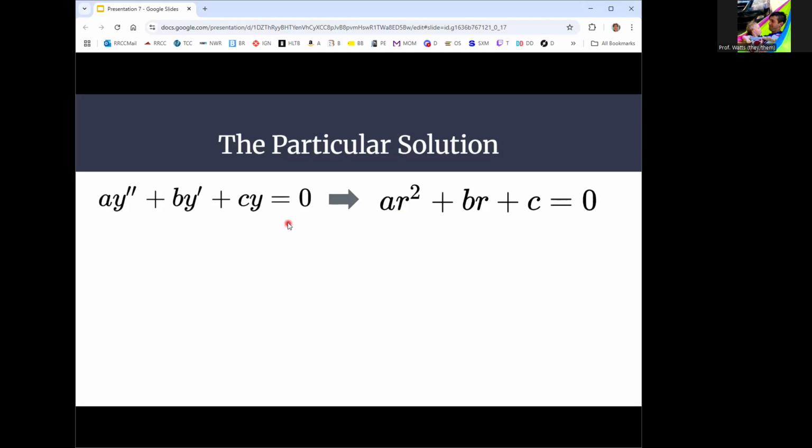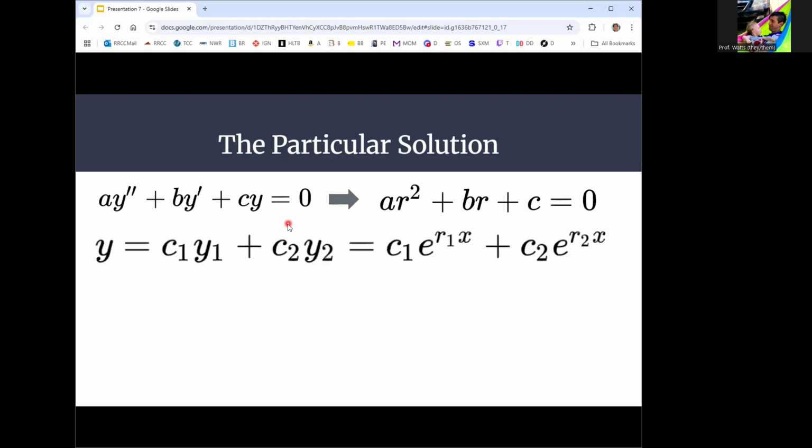Solving that quadratic equation allows us to find the general solution, where if we get two real solutions, R1 and R2, then our two solutions were e to the R1x and e to the R2x. And then we had our two unknown constants, C1 and C2, where we multiply y1 and y2 by those.